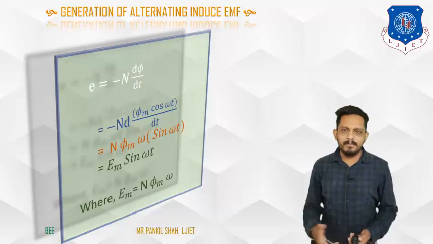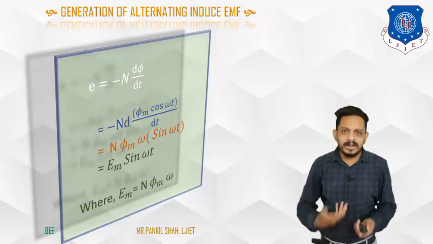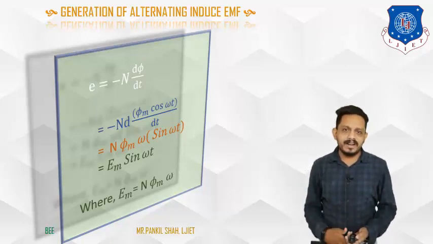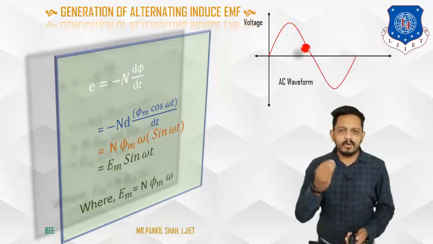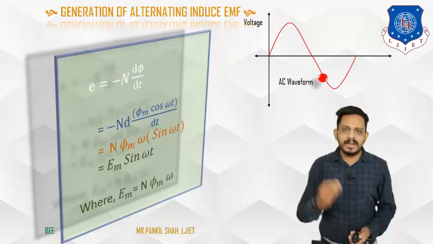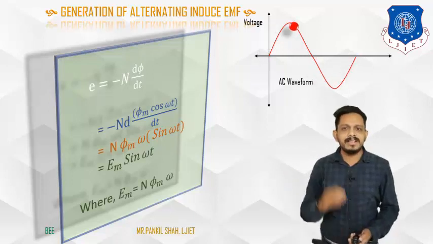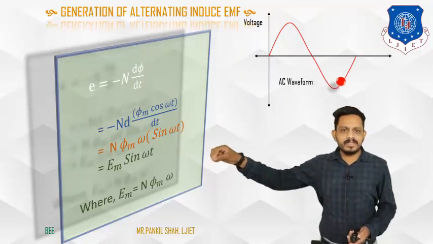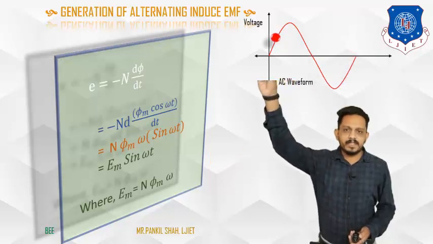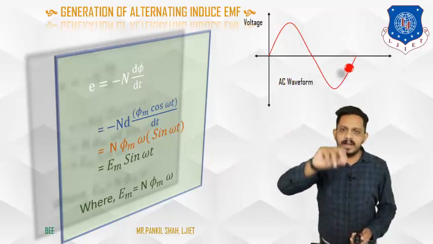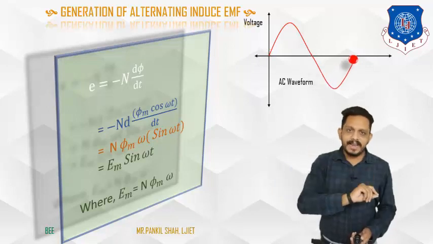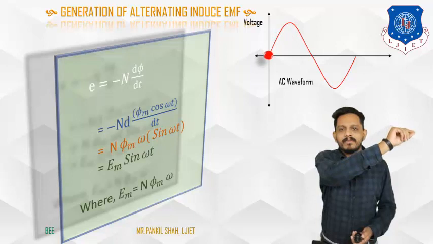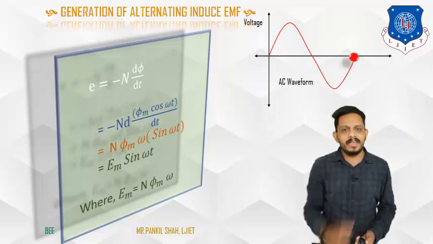So this is the very important equation which states that the generated voltage is in alternating form and it is in sinusoidal form. And if you start drawing the waveform of this generated EMF by putting different angles, at 0 degrees EMF is 0, at 90 degrees EMF is maximum, at 180 degrees EMF is again 0, at 270 degrees EMF is in the negative maximum direction, and at 360 degrees EMF is again 0.